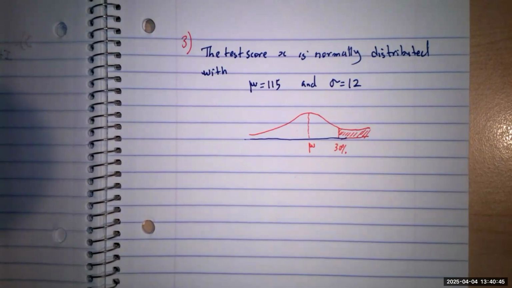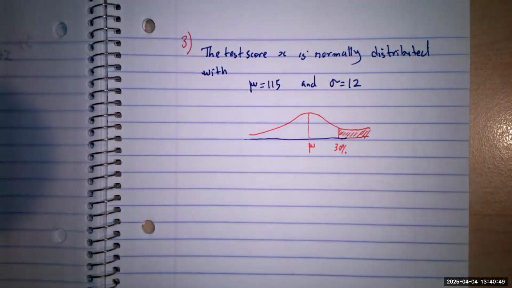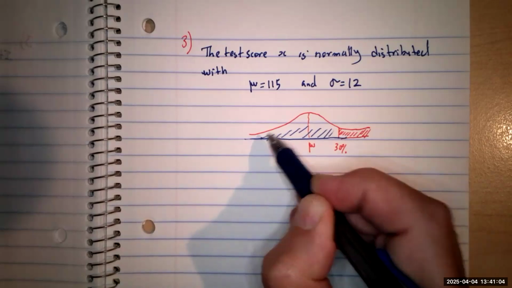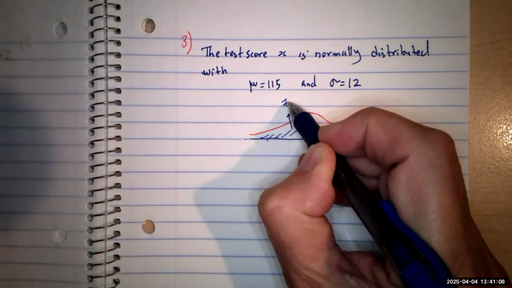So this is the 30%, and the leftover is 70%. Your score must be larger than 70% of the other members, if you like. So this is 70%, and the leftover over here is the 30%.